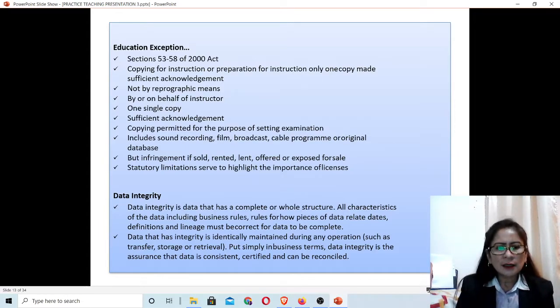Data that has integrity is identically maintained during any operation, such as transfer, storage, or retrieval. Put simply in business terms, data integrity is the assurance that data is consistent, certified, and can be reconciled.